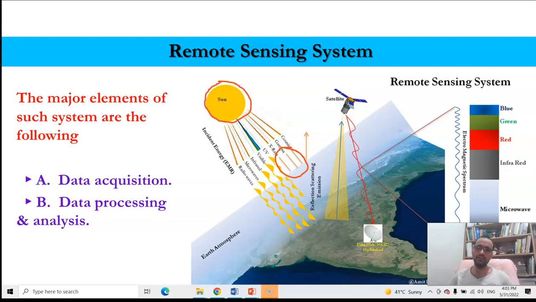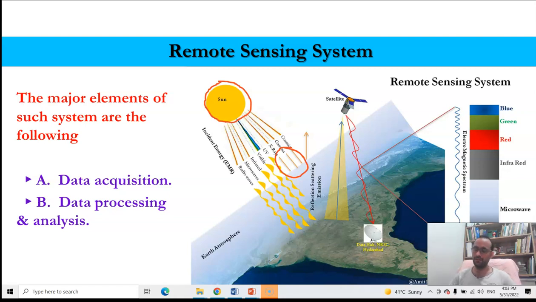We need the energy to reach the surface of the earth to acquire the data, right? Ultraviolet can penetrate to the middle of the atmosphere, but it cannot reach the earth totally. But visible, infrared, microwave, and radio wave can reach the earth surface. So on the basis of this energy, like visible, infrared, microwave, radio wave, we have different types of remote sensing systems, right?